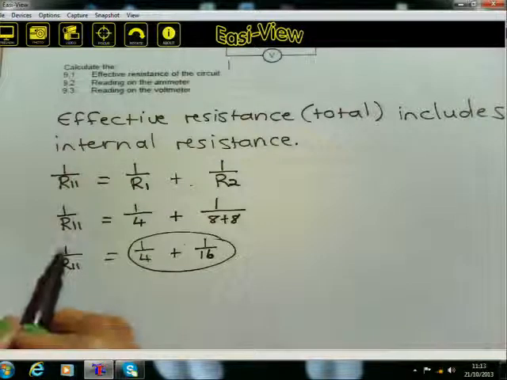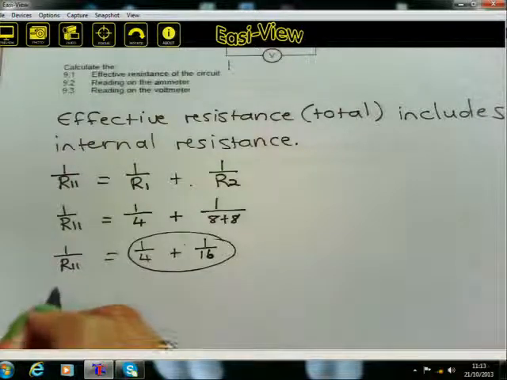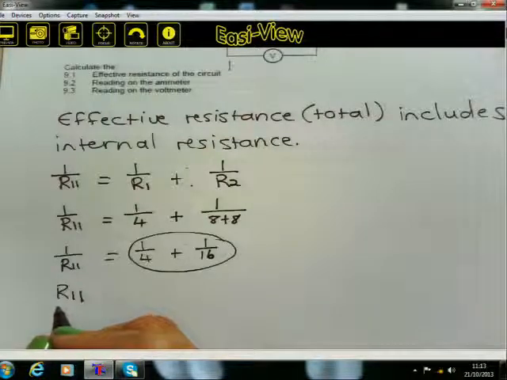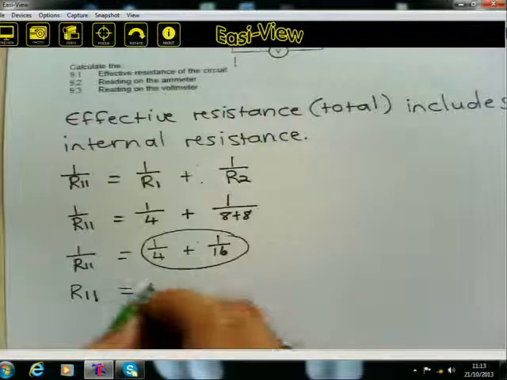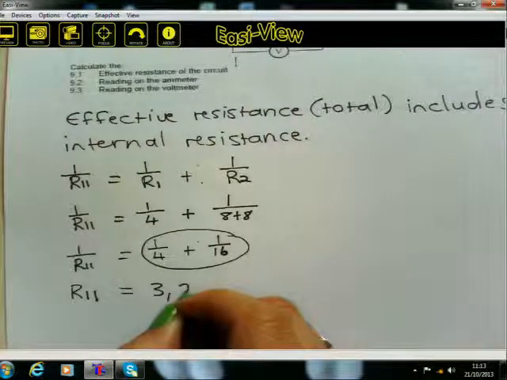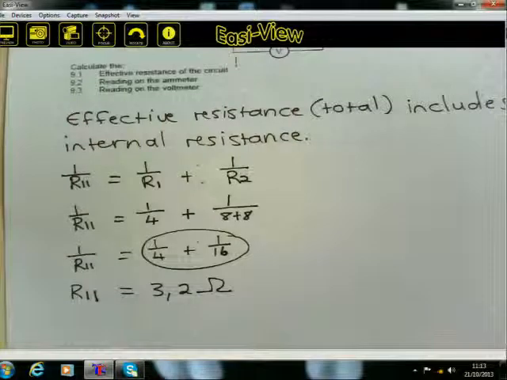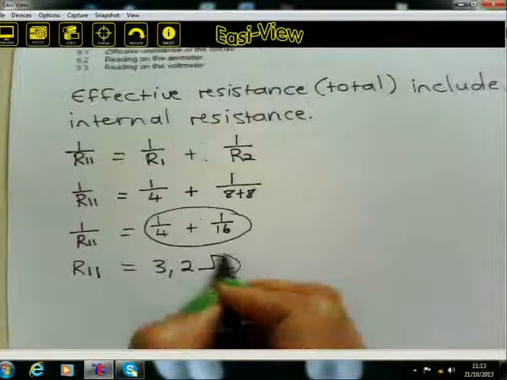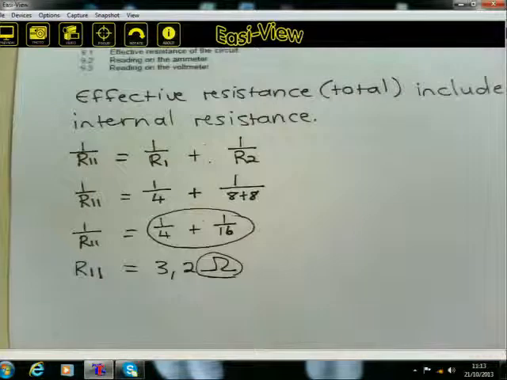And then you say 1 divided by answer and you get R parallel is equal to 3.2 ohms. Once again, we need units.